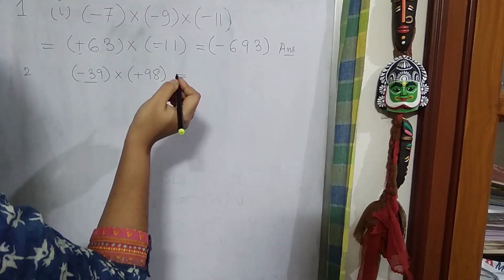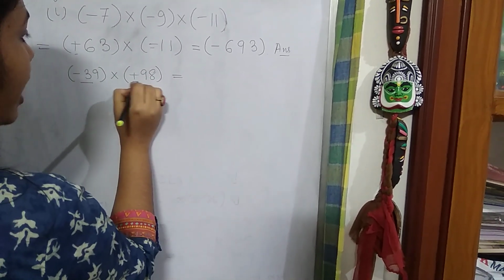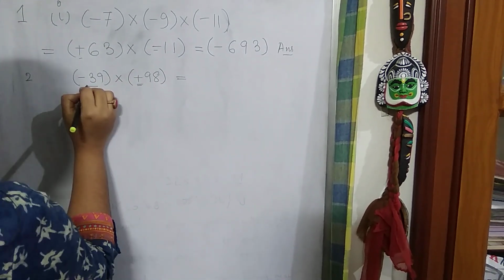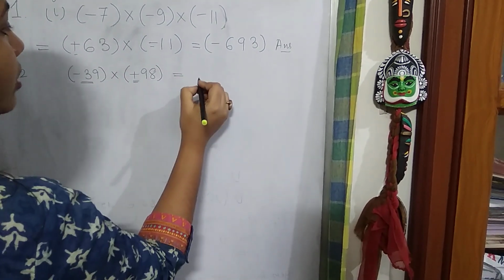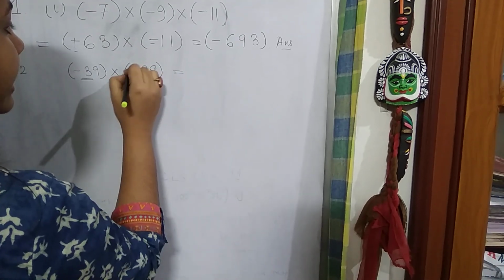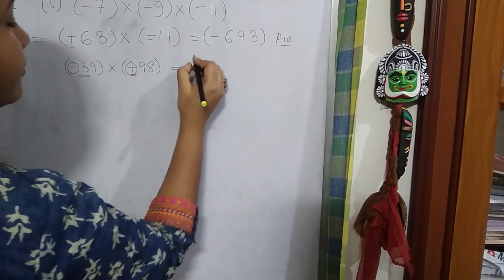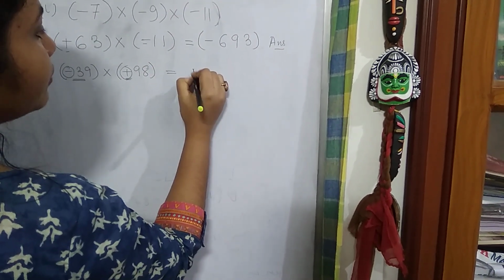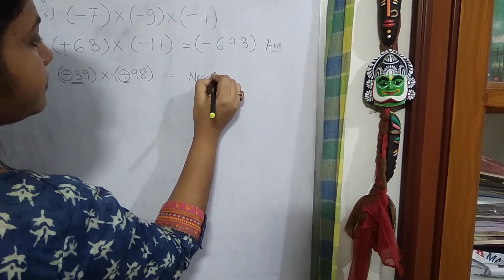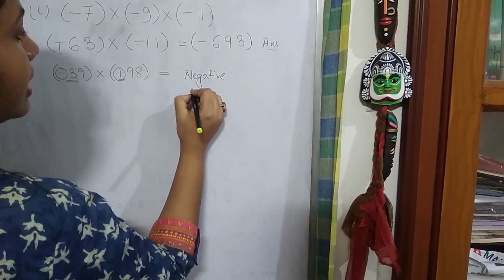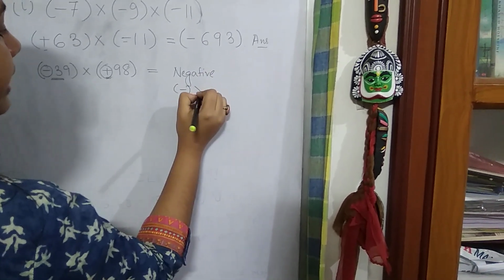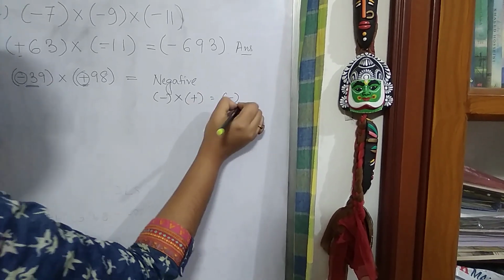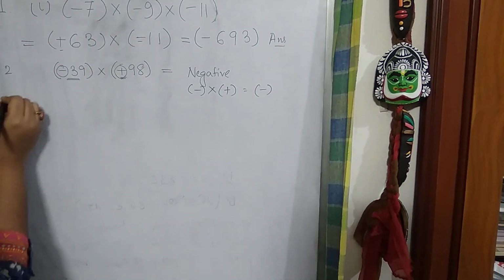After we multiply this together, we don't have to multiply this actually to get the real answer, because the sign, after we are multiplying, will be negative, right? Because here a negative sign is multiplied with a positive sign, which eventually gives a negative sign.